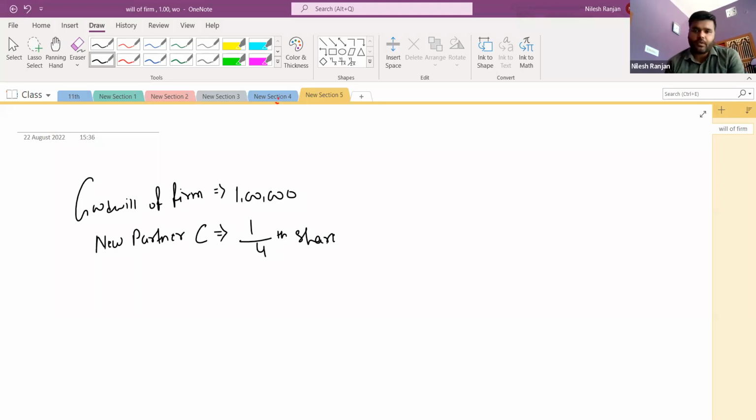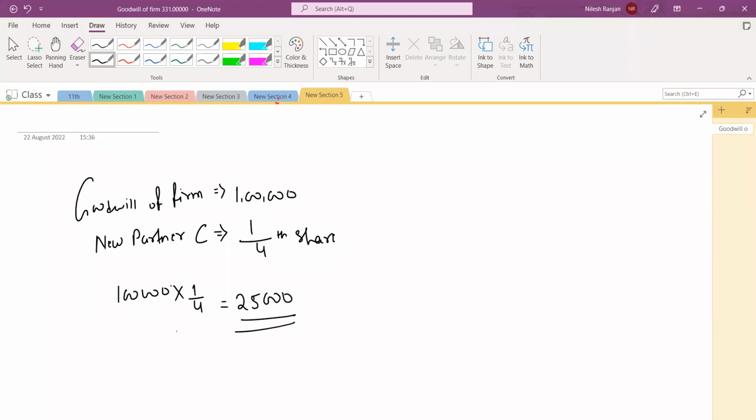So how much goodwill is required to be brought by C? 1/4 of the 1 lakh. The goodwill of the firm is 1 lakh and he is getting only a 1/4 share, so he will bring 1 lakh into 1/4. So it is 25,000.